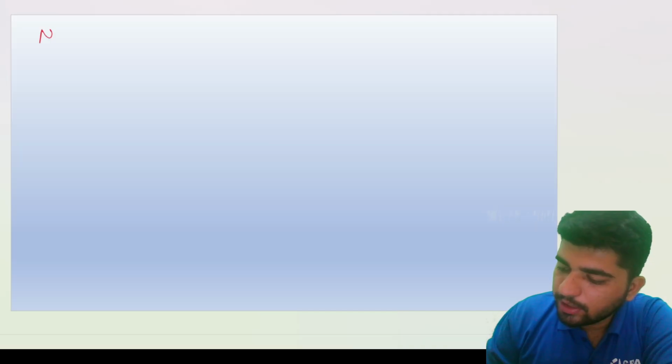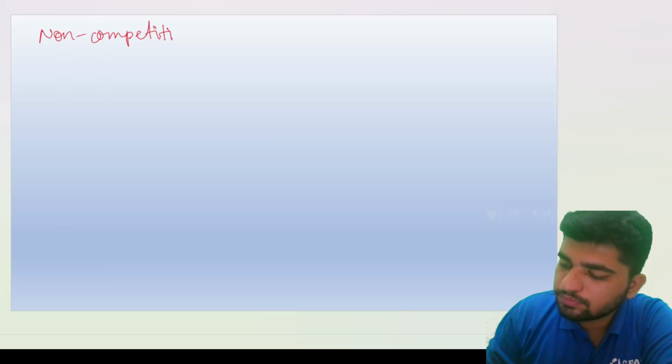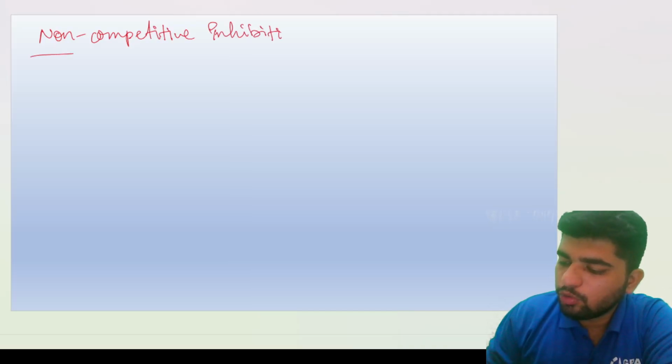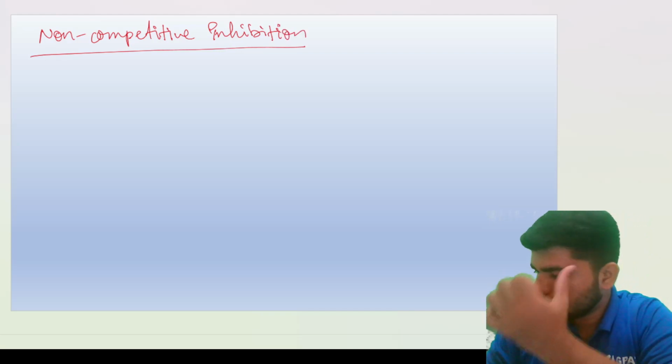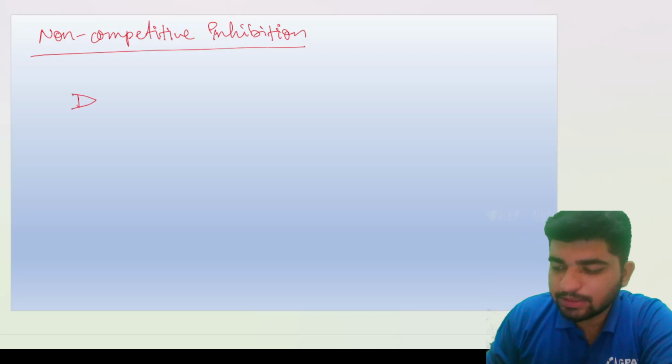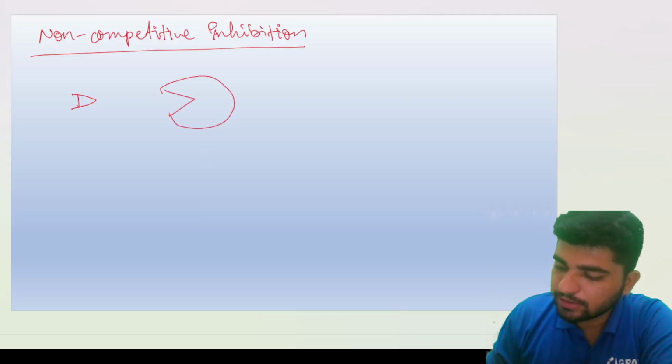Now let's talk about non-competitive inhibition. What happens here? Same thing: there is a substrate, there is an enzyme, and there is a drug or inhibitor.